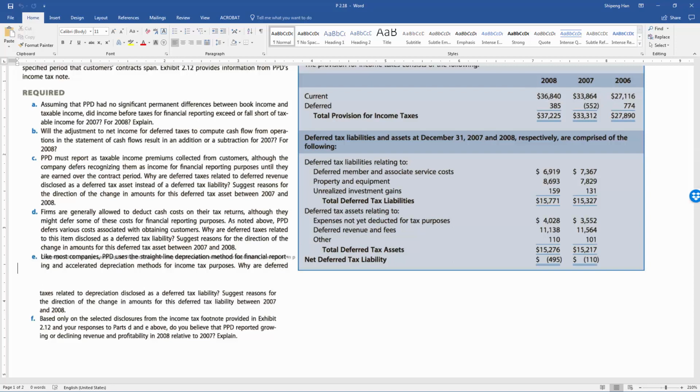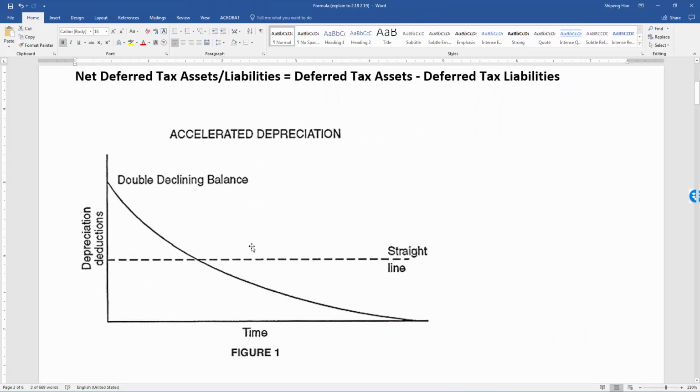Let's just compare, this figure shows us. So double declining balance is an example of accelerated depreciation. So if the company uses double declining or accelerated depreciation for tax reporting, it will incur higher depreciation than the financial, right? At least before this point.